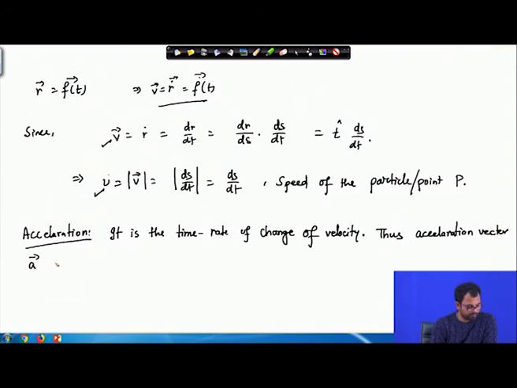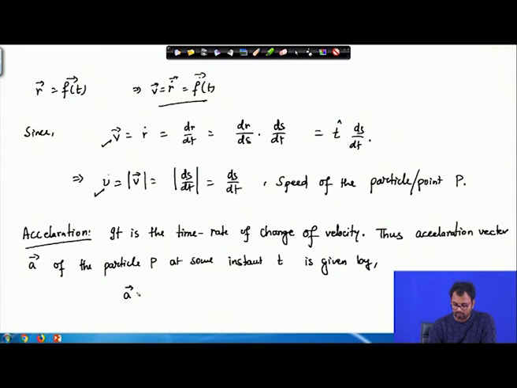let us say A of the particle P at some instant t is given by A equals limit delta t tends to 0 of delta v by delta t, the time rate of change of velocity.